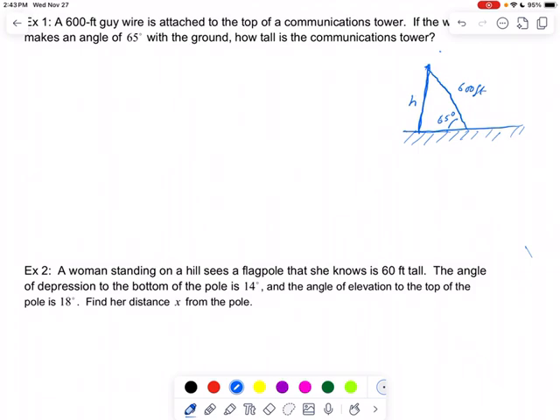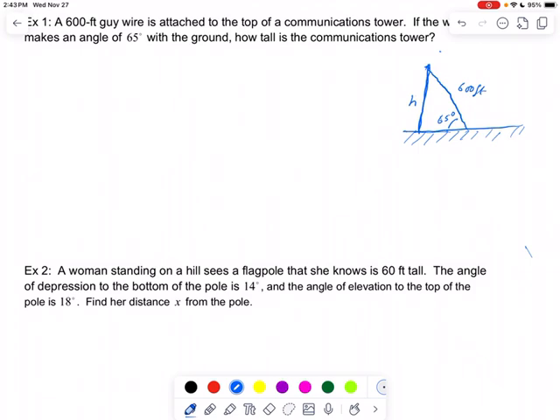So that's how you connect this real life problem to trigonometry. In trigonometry we are saying that the length of the guy wire is 600 feet. It is making an angle of 65 degrees with the ground, and we have to find the height of the tower. So how do we convert it into mathematics? We have a hypotenuse of 600 feet, and our angle is 65, and the opposite side is what we want.